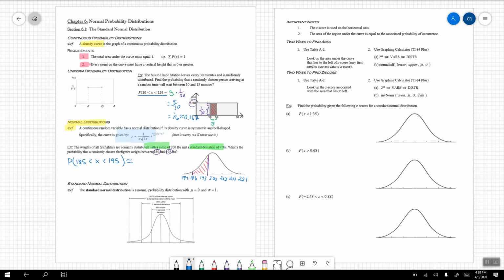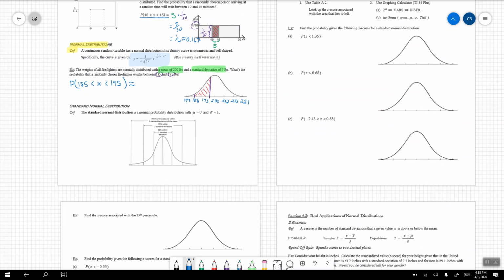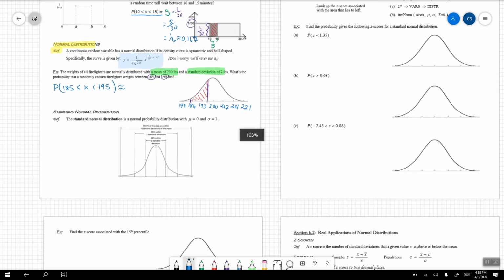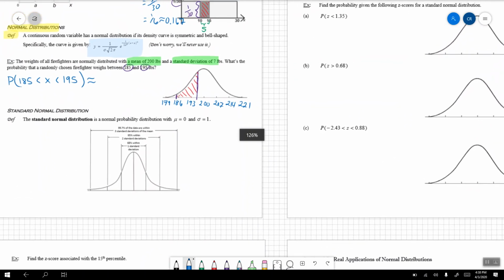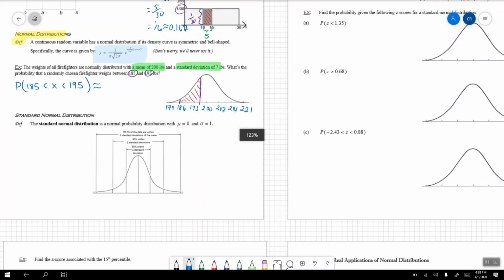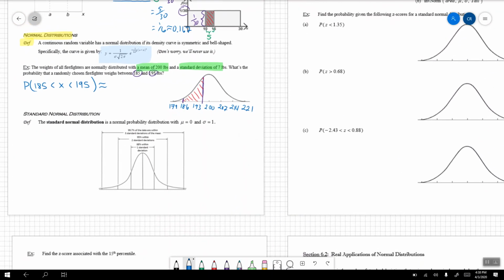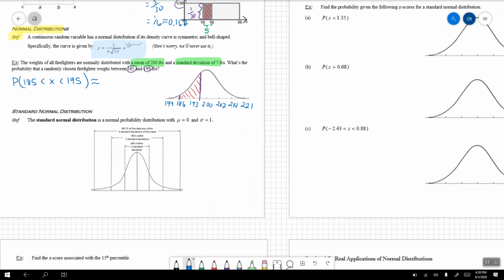When we're working with the standard normal probability, what we want to do is identify what the mean and the standard deviation are. Typically, when we're working with a standard normal distribution, it uses the mean of 0 and the standard deviation of 1.